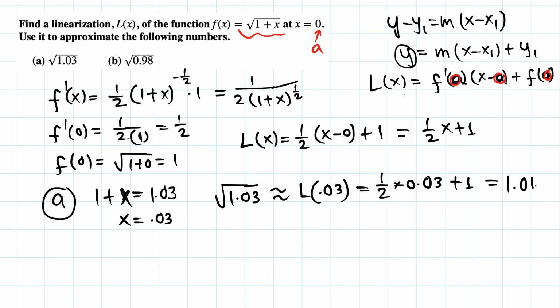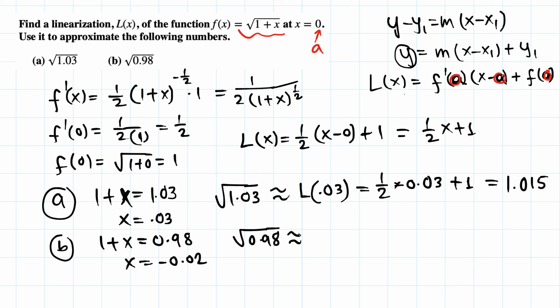Okay, and for B, we need to write 0.98 as 1 plus x. So 1 plus x is the same as 0.98, and subtracting 1 from both sides, x is negative 0.02. Then the square root of 0.98 is approximately equal to this linearization at negative 0.02, and L of x is 1/2 times negative 0.02, plus 1.